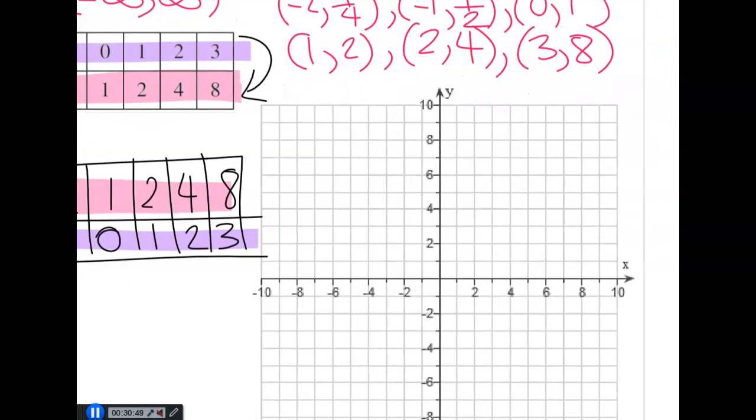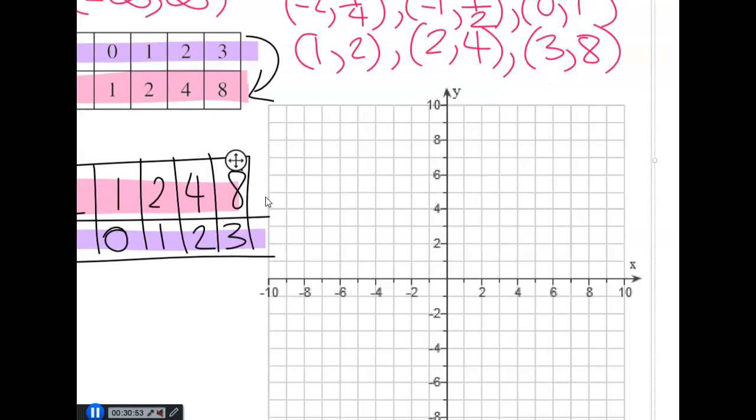Okay, so let's start here with the y-intercept. And then 2, 4, 3, 8, -1, 1/2, -2, 1/4.